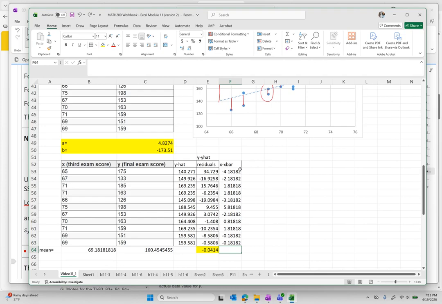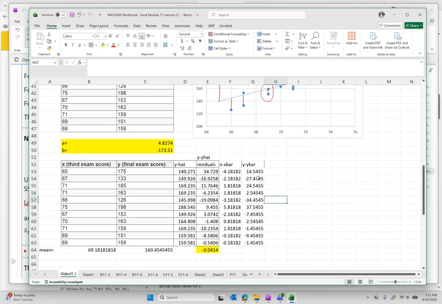Let's undo this. I don't like that it extended the width of my cell. So let's try the same for y minus y bar. And that will be equal to the y value minus the mean that is here in the bottom. It's in location C64. I want this location C64 to stay the same, so I'm going to use the dollar sign, and then let's copy this all the way down.